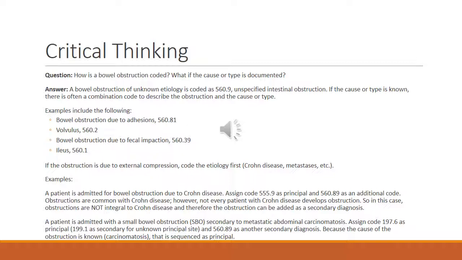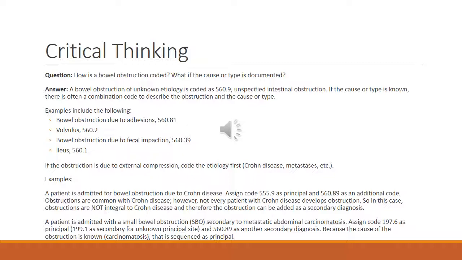Examples would include the following: bowel obstruction due to adhesions, 560.81; a volvulus, which is 560.2; a bowel obstruction due to fecal impaction, which is 560.39; and an ileus, which is 560.1.